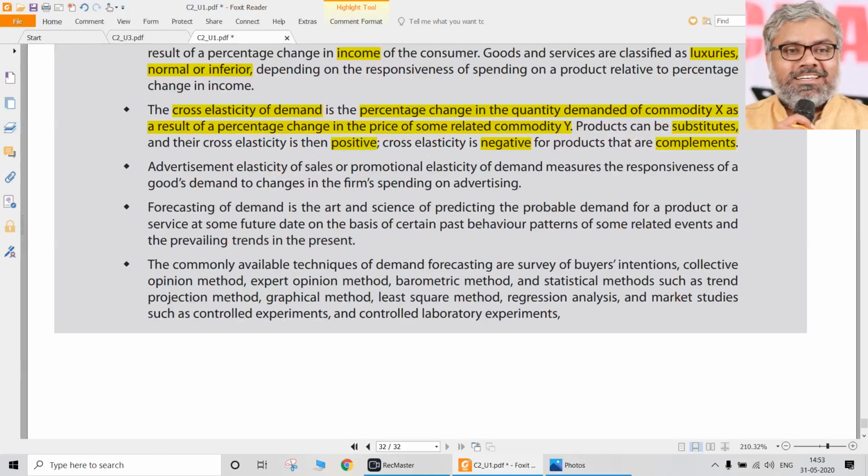Maybe sometimes perfect substitutes, sometimes lesser substitutes, but they are definitely substitutes when the cross elasticity is positive. But what if the cross elasticity is negative? Then can we say they are always complements? No. In general, yes, they are complements. But not necessarily only because they are complements could the cross elasticity be negative.